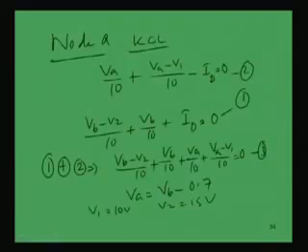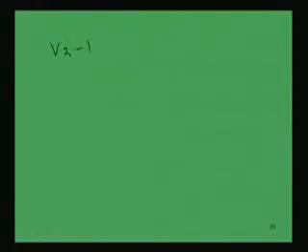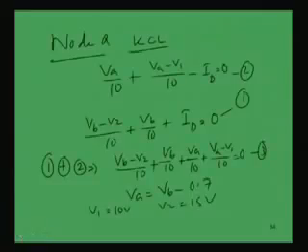From equation 3, I will have VB minus 15 by 10, since V2 is 15, plus VB by 10.